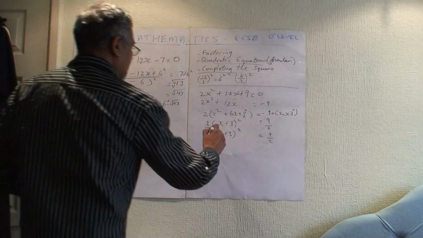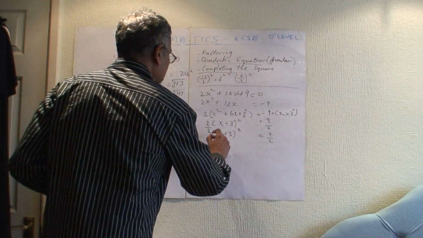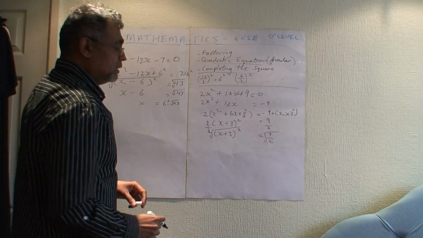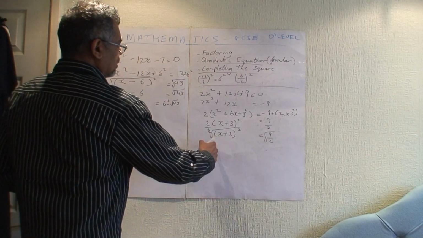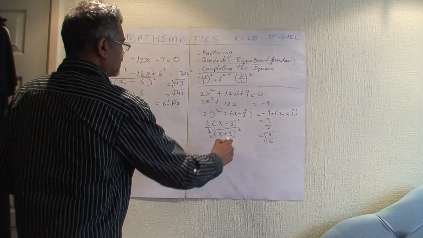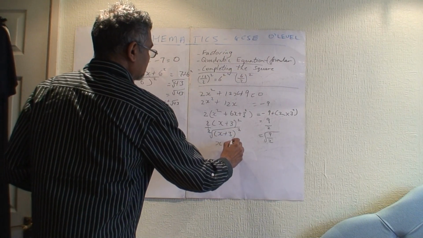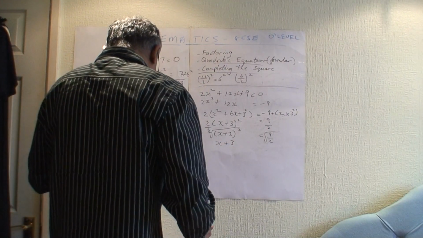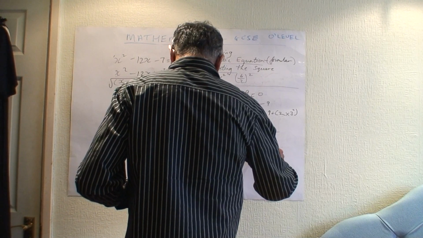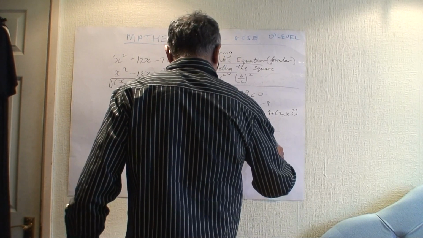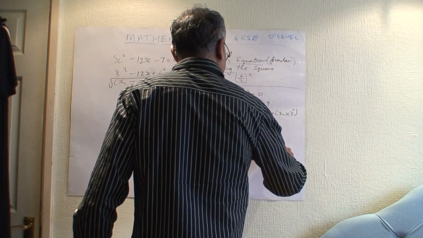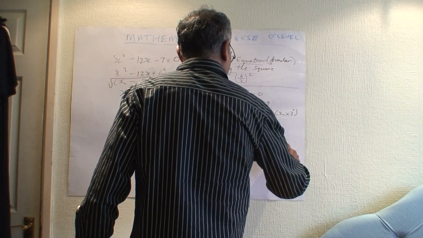To get rid of the square, again, we find the square root on both sides of the equation. So the square comes off, we lose the 2, we lose the brackets, and x plus 3 is equal to plus and minus the square root of 9 over 2.